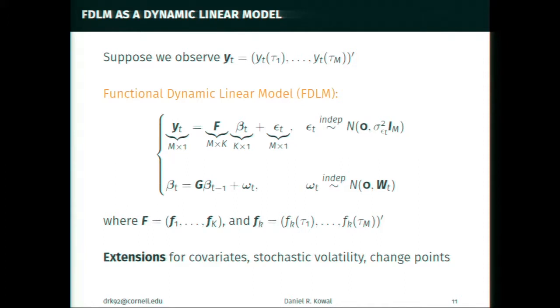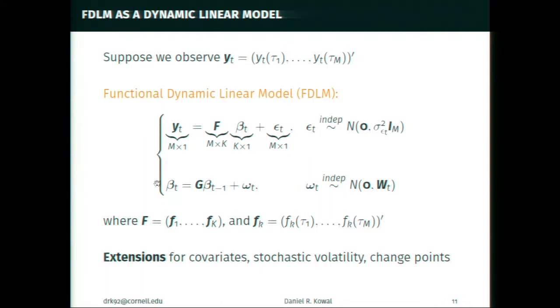The reason that's particularly helpful is because this beta vector here, beta_t, contains the time series information in the model. That's the dynamic component. So rather than modeling something that's m-dimensional, which could be in the hundreds, we model a time series that's 3 or 4 dimensional. So that's a lot easier to do. It typically improves forecasting and estimation efficiency as well.